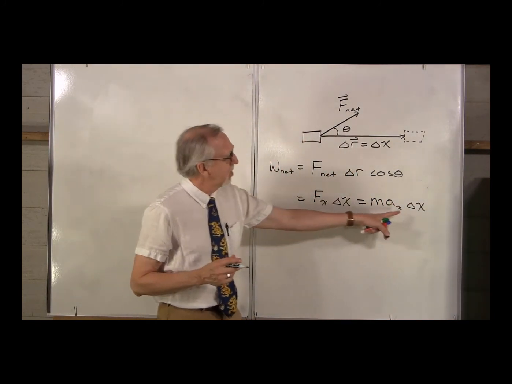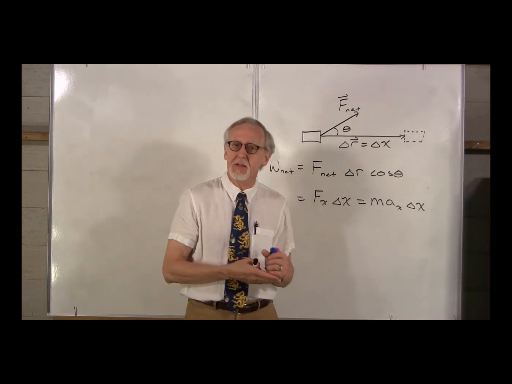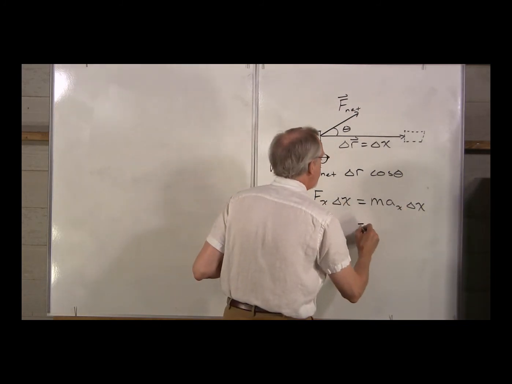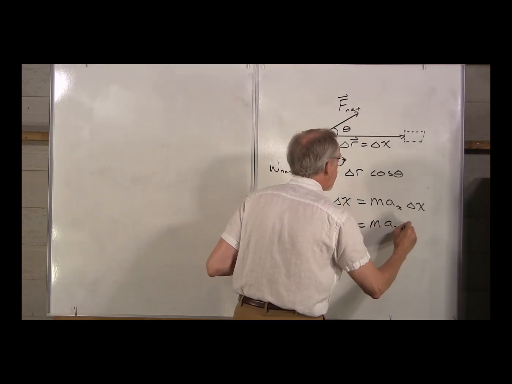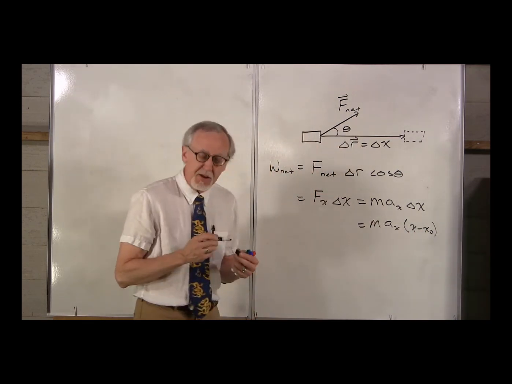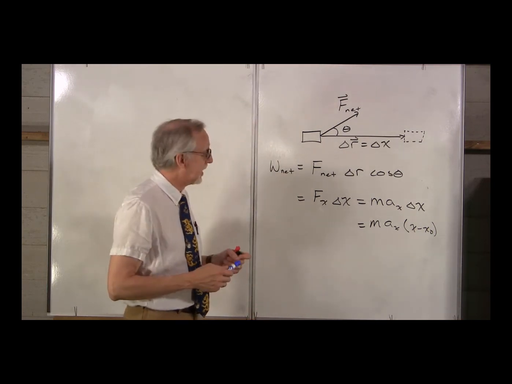Excellent. Now, you might think of delta x as x minus x naught, the displacement in x, so let me write that as max times x minus x naught. I do that just because you might recognize it more readily.